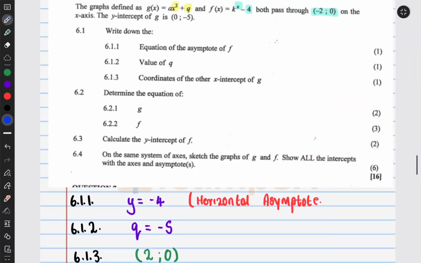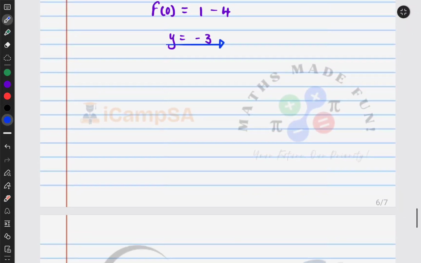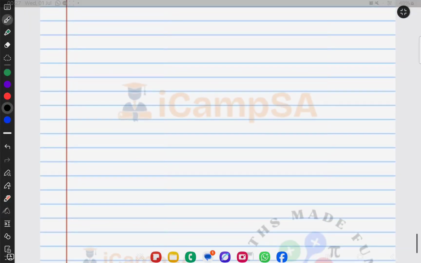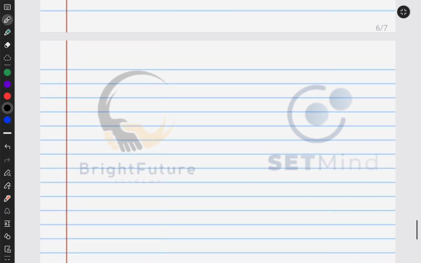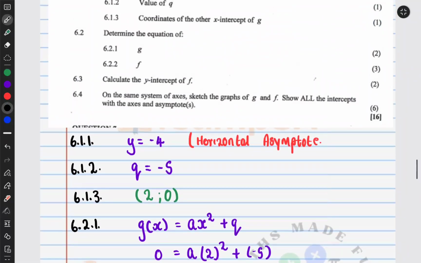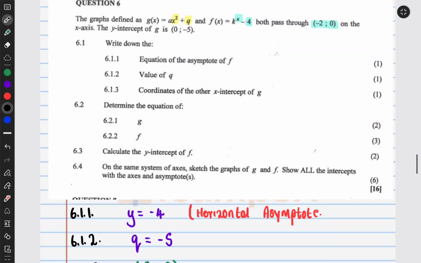Okay. And then next, on the same set of axes, sketch the graphs of g and f. Show all the intercepts with the axes and the asymptotes. So we are now asked to sketch these two functions for 6.4. I'll just come to this new page to make things easier. So for 6.4, let's see. We have the intercepts at -3 and -4. We have the asymptote and the turning point at -5.